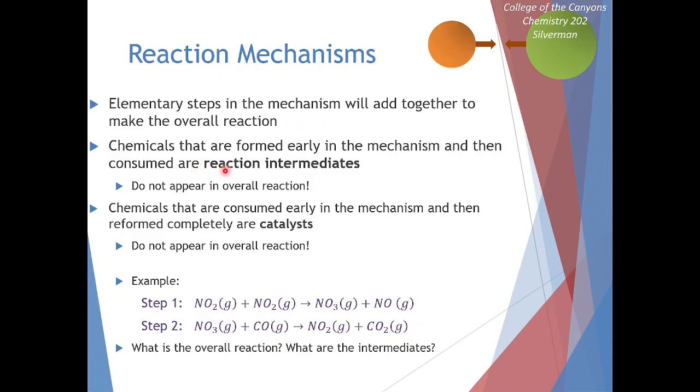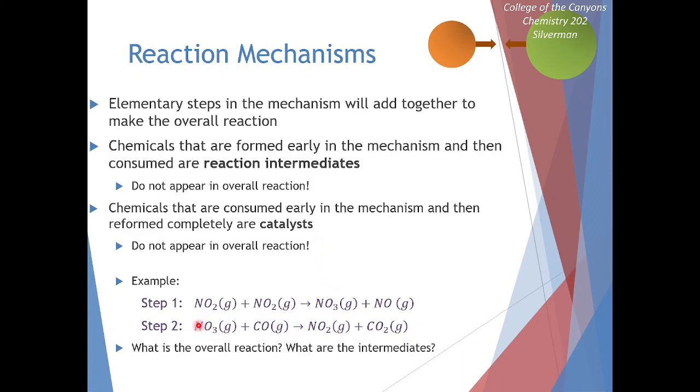You might have chemicals that are formed from our mechanism early on and then consumed later on. These are known as intermediates. Alternatively, chemicals that are consumed early but then reformed later, these are known as catalysts. They also don't show up in the overall balanced reaction.